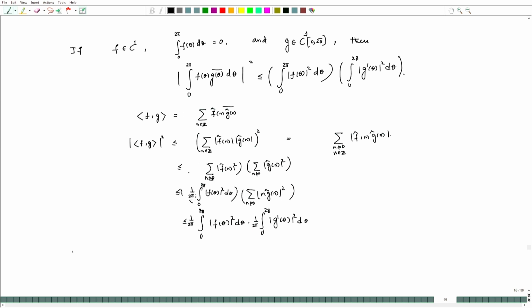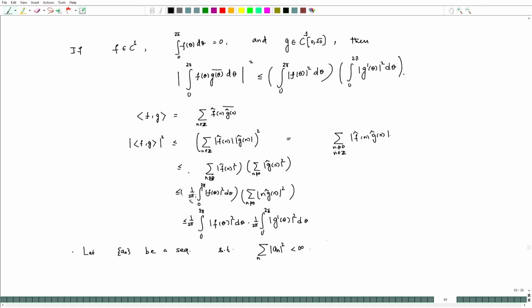Okay. So, once we have that, we are going to address a question, and this question is important. Let a n be a sequence such that the summation over n of mod a n squared is finite.